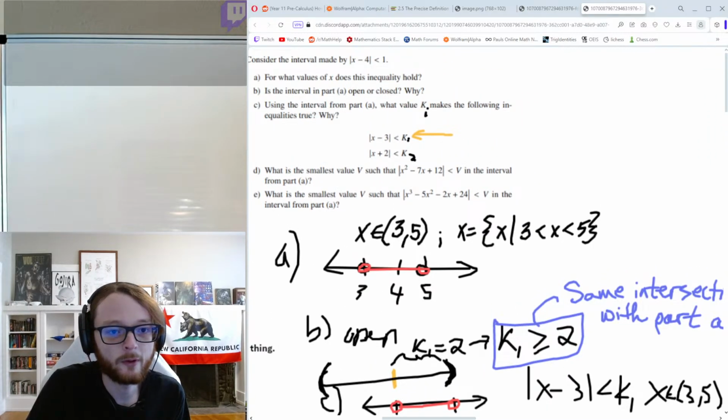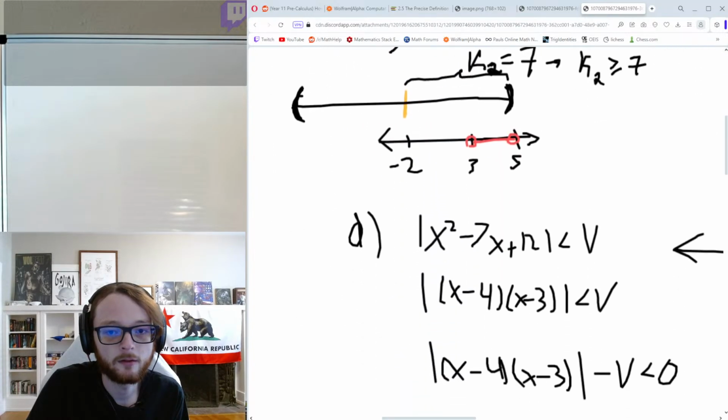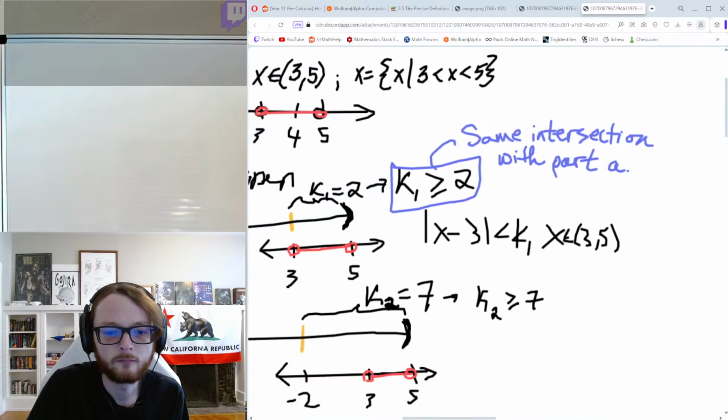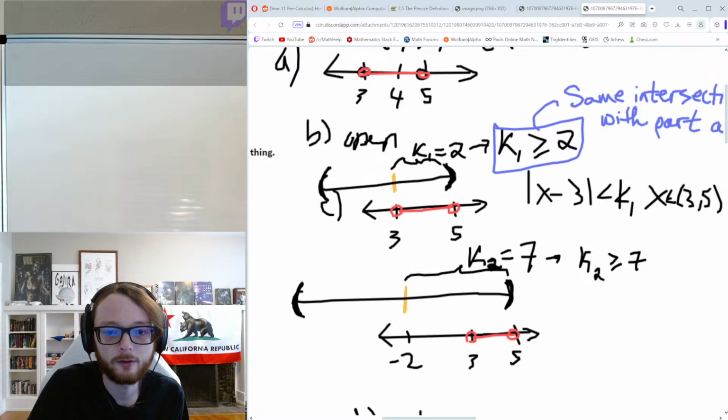Yeah, just when we were doing class, we had absolute value x minus 4 is less than 1. We just had this problem in a vacuum. So yeah, this holds for between 3 and 5. And then we call that, I guess our word for part C is right here.